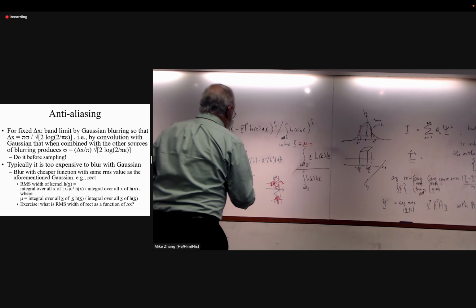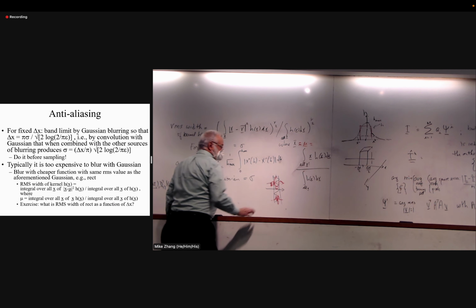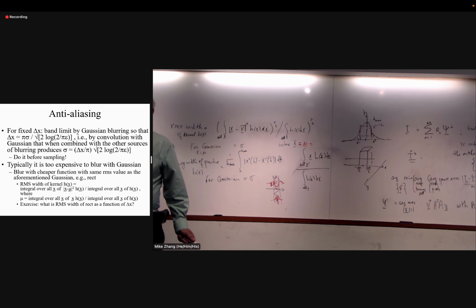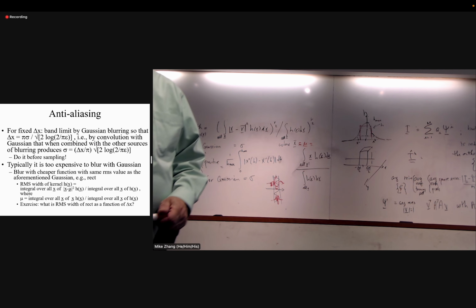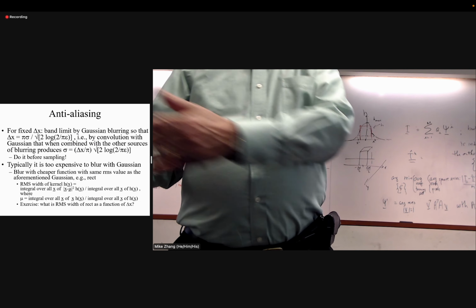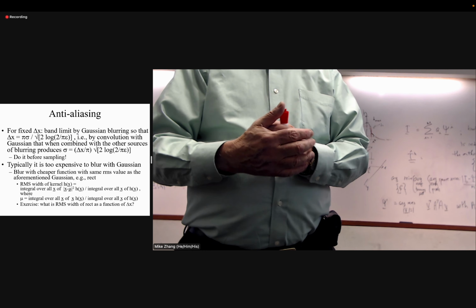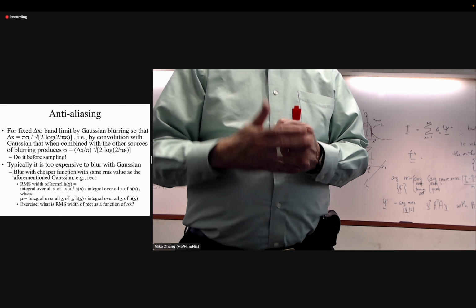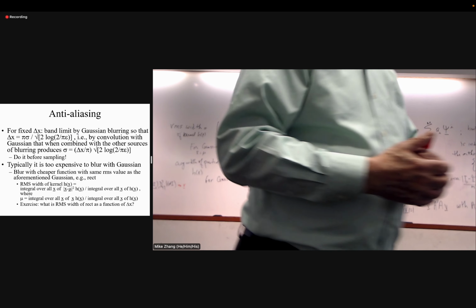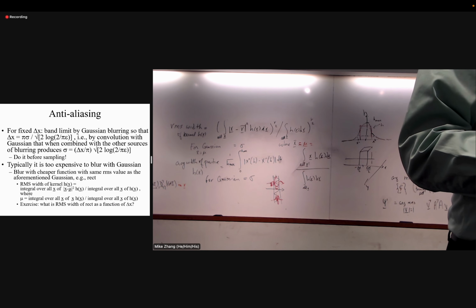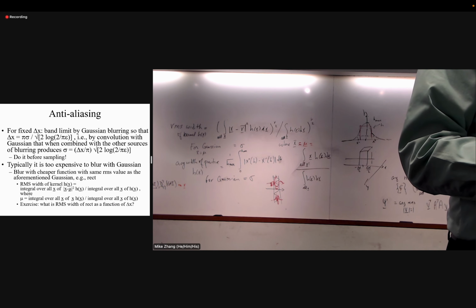So it's really important to get the kernel, the Gaussian that you use, to have a comparable RMS width to the bar that you're seeking. More questions?